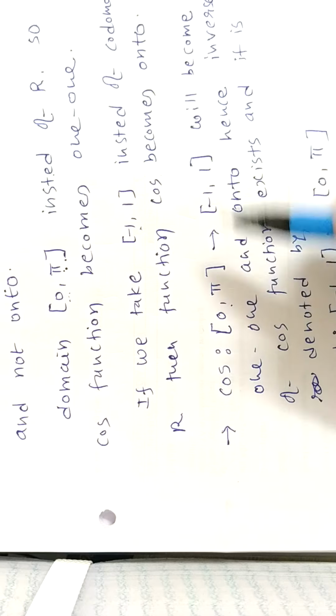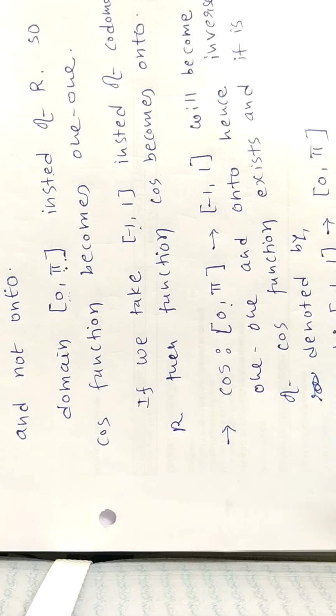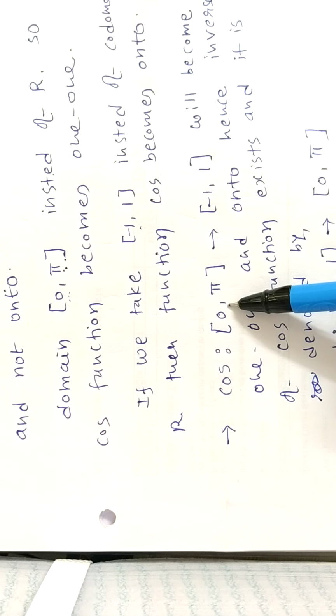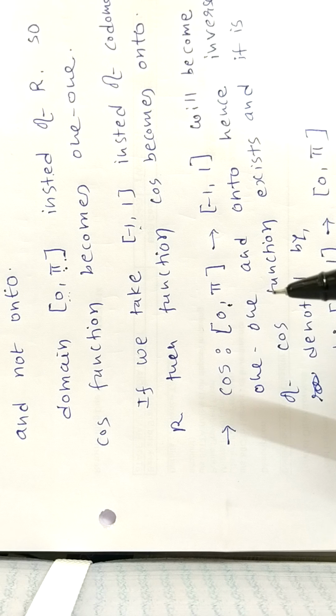So domain and codomain will be interchanged in cos inverse. 0 to pi is the restricted domain of cos function. The restricted domain of cos is 0 to pi.